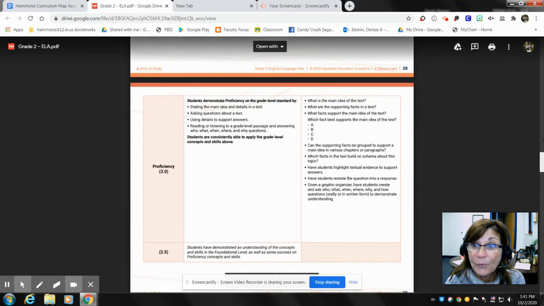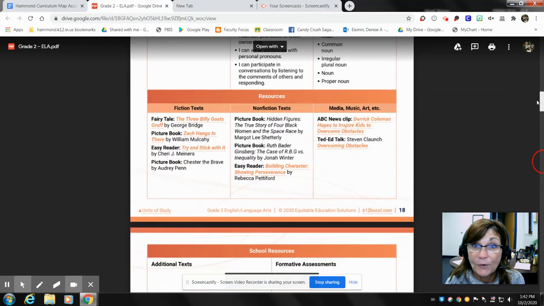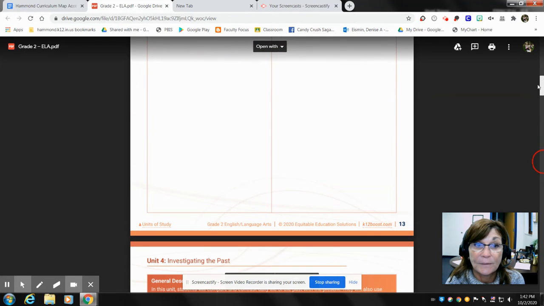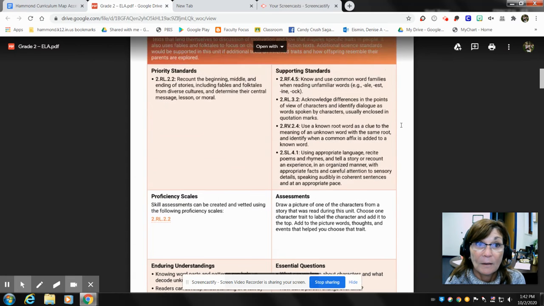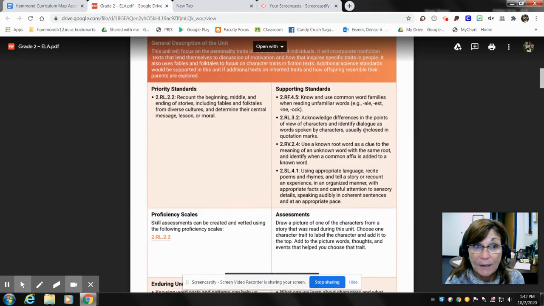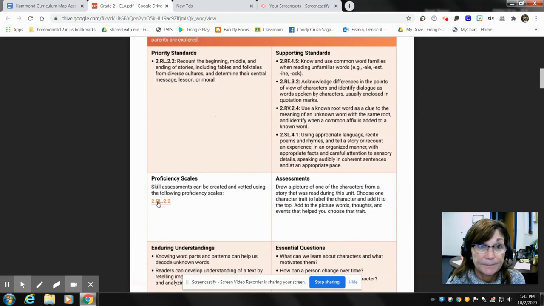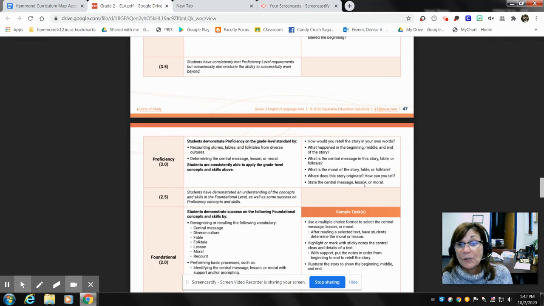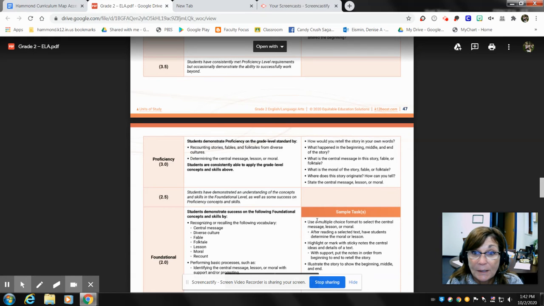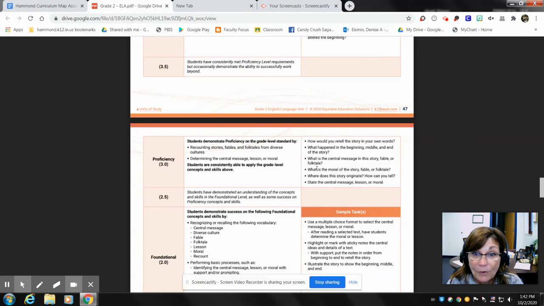So as you go through each unit, you're going to come to the different proficiency scales for each unit. For example, personality traits. This is unit 3. And in personality traits, they're talking about folk tales and those pourquoi tales, what's the moral of the story.